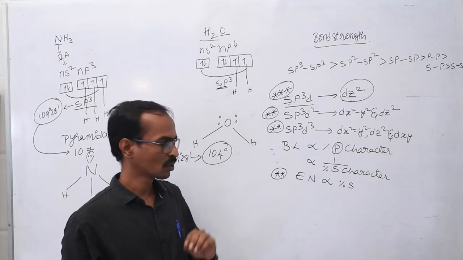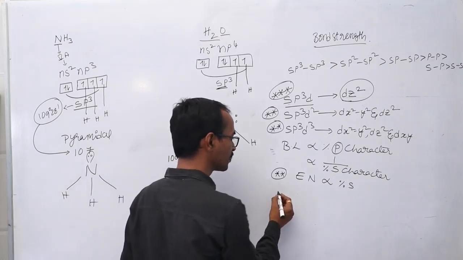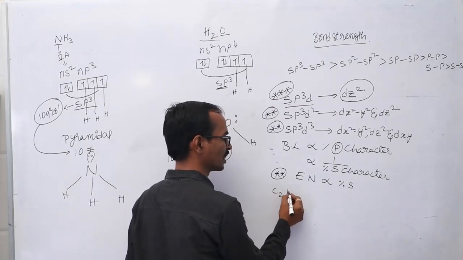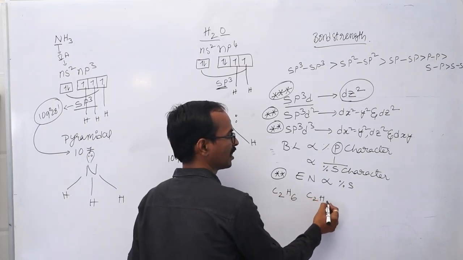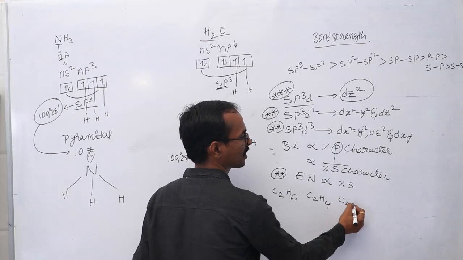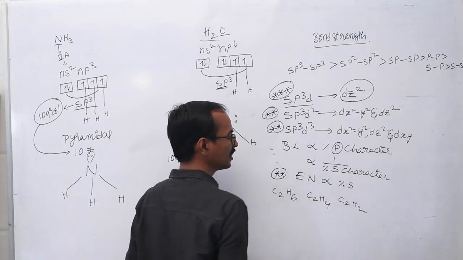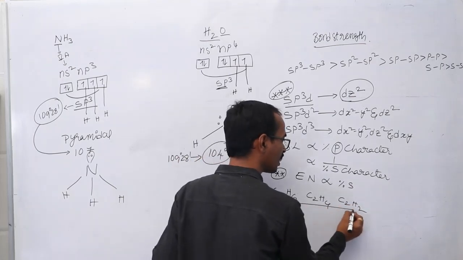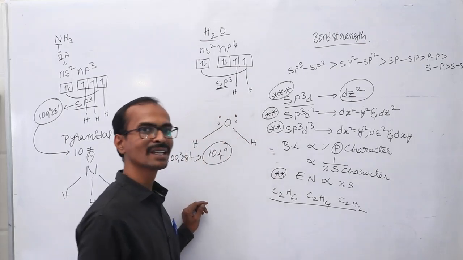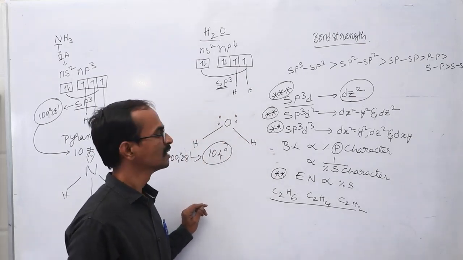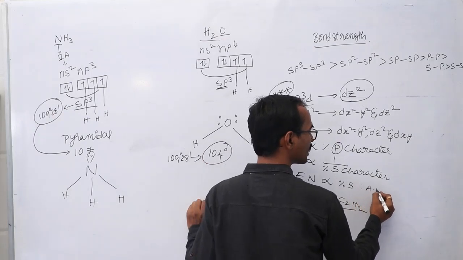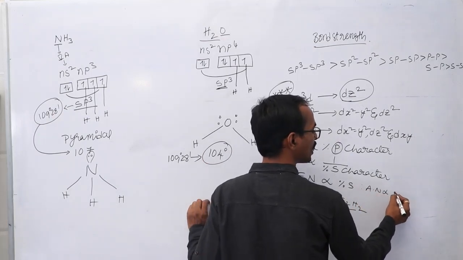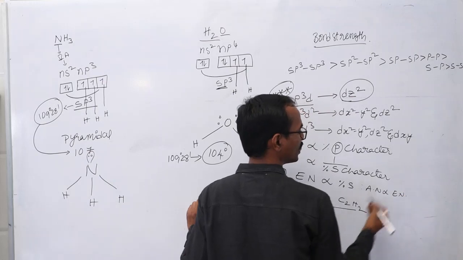How will we get a question based on this? For example, here I have discussed today ethane, ethylene and acetylene molecules. In this, he will ask to identify the most acidic compound. Simply we can say acidic nature is directly proportional to the electronegativity.